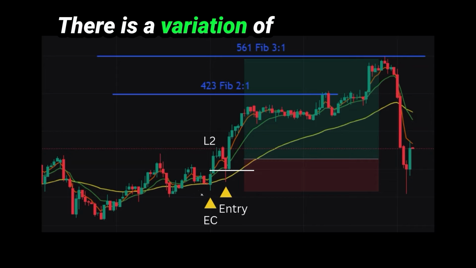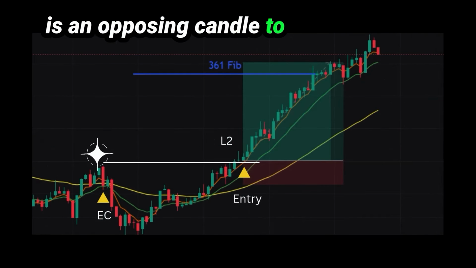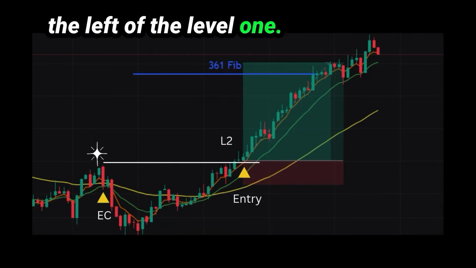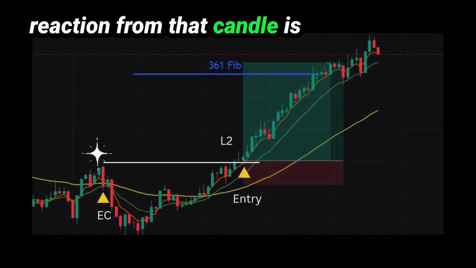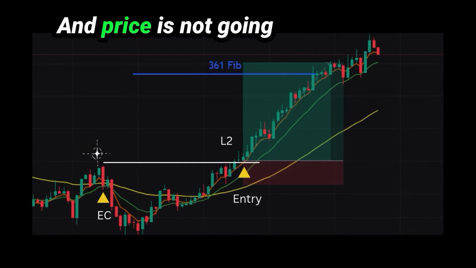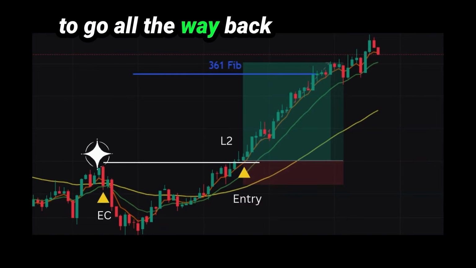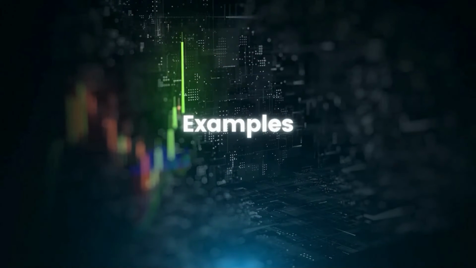There is a variation of the extended candle that is an opposing candle to the left of the level 1 that is higher than the level 1. And the level 2 reaction from that candle is signaling a stronger trend, and price is not going to go all the way back to the extended candle from the level 1 move.